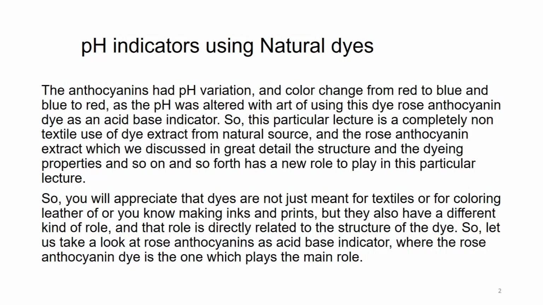Now, that was in the context of change of color under different pH, but the same can become an attribute and they can become pH indicators. So, anthocyanins had pH variation and color change from red to blue and blue to red. As the pH was altered, with this art of using the dye, rose anthocyanin dye as an acid base indicator was identified.